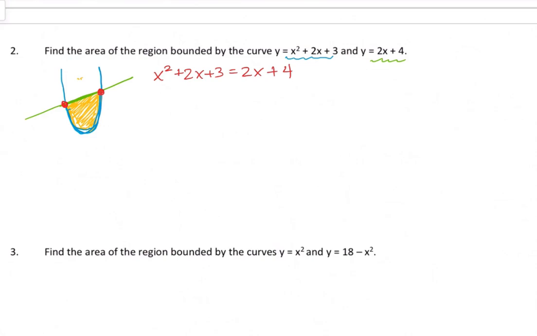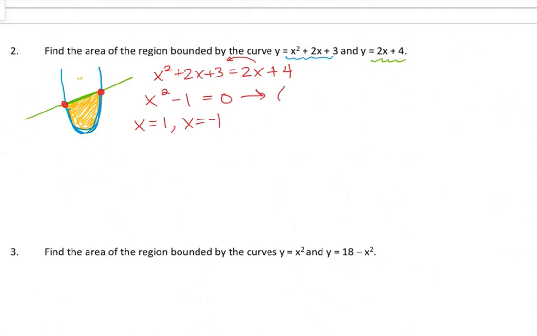So if I move the 2x and the 4 to the left, the 2x's will subtract out, and 3 minus 4 is -1. So I've got x squared minus 1 equals 0, which we know gives us x equal to 1, x equal to -1.